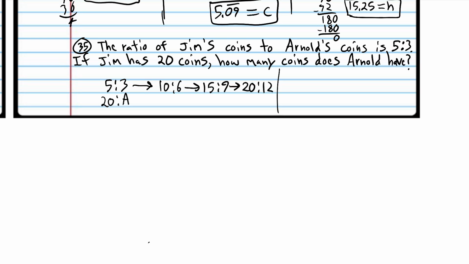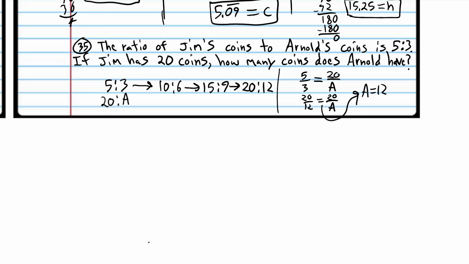But we can also say the fraction 5/3 is equal to 20 over a. Then we multiply both sides of that fraction. We want 20 in the numerator. So we multiply both sides of 5/3 by 4, and we get 20 over 12 is equal to 20 over a. And because the numerators are the same, we can see that a is 12.